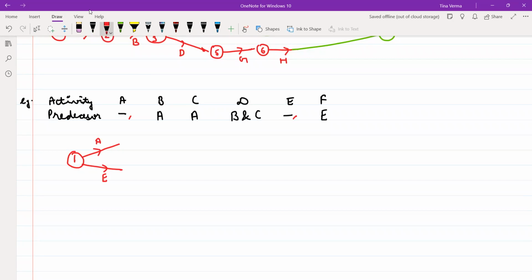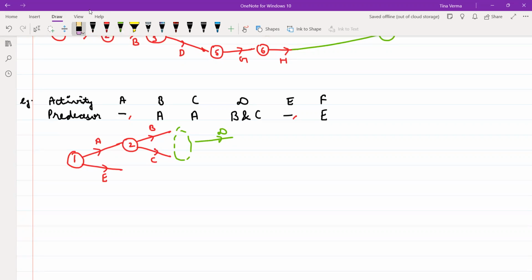For the starting of B, I require A. And for the starting of C also, I require A. So this is the second node, this is my B, and this is my C. Is it clear? Yes or no? Now to start the activity D, I require B and C. Okay, like this? This is my D activity.